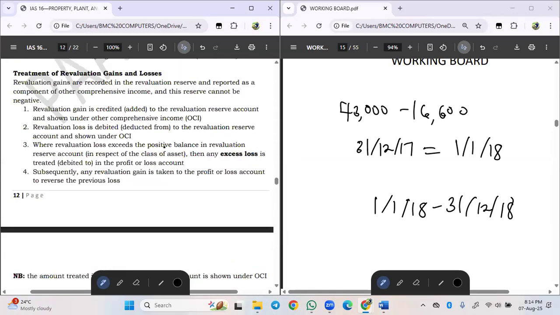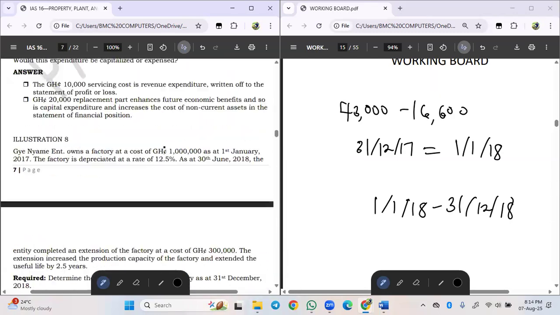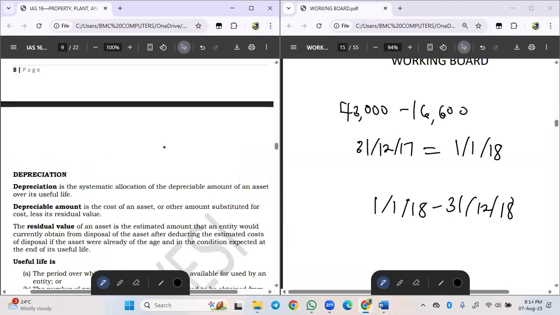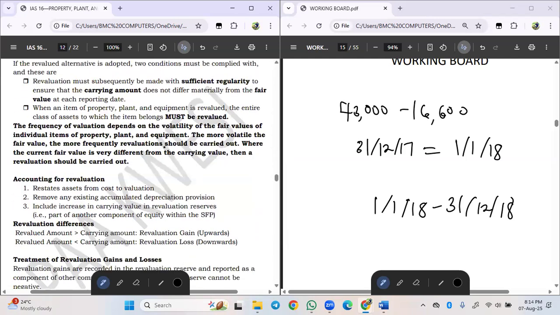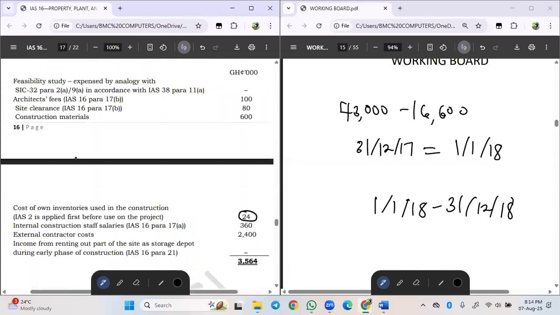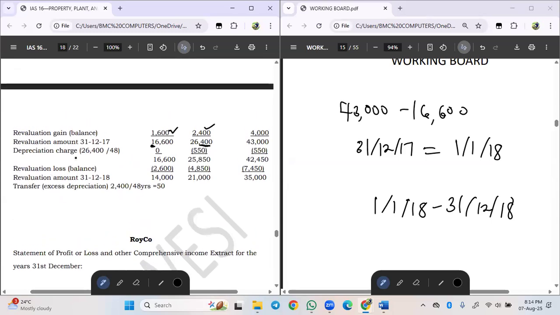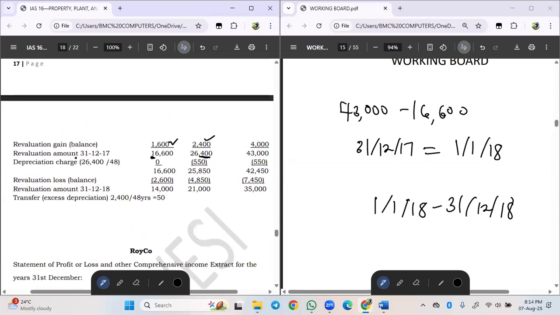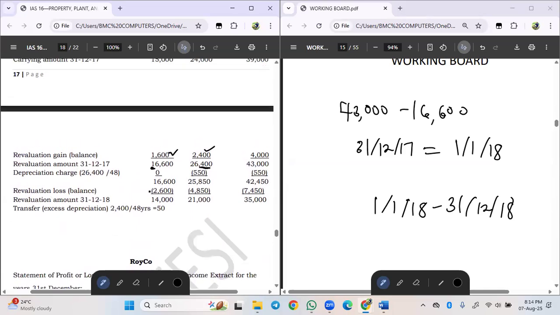Let me see if I can find it here. So this is the treatment of revaluation gains. Initially there was a gain, now there's a loss. So you know how to treat it based on the explanation I gave you on Monday.